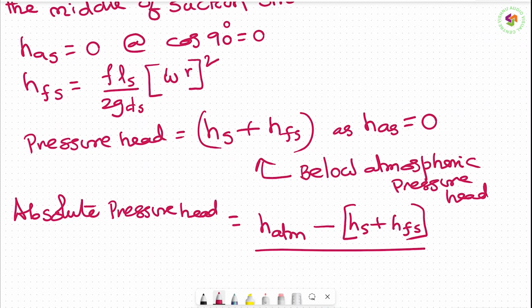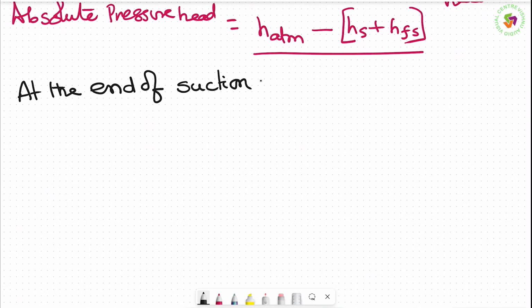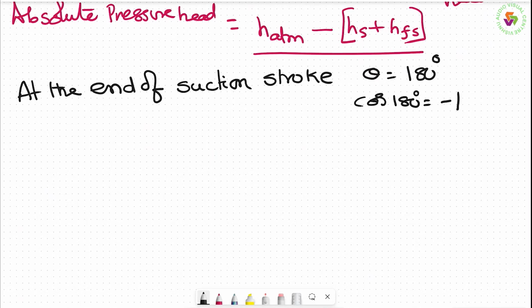That's the thing. Now I will go to the end of the suction stroke. At the end of the suction stroke, theta is equal to 180. Therefore, cos 180 is equal to minus 1.